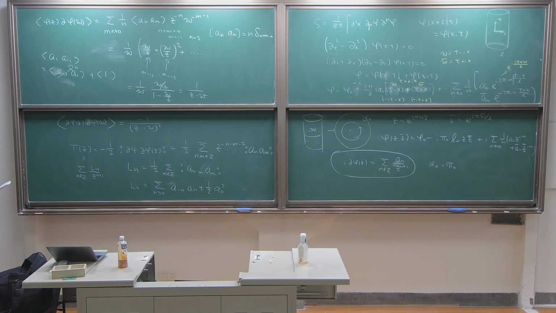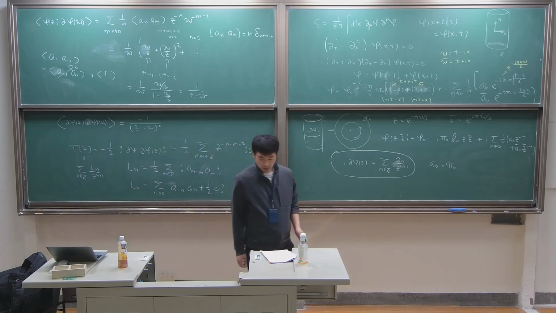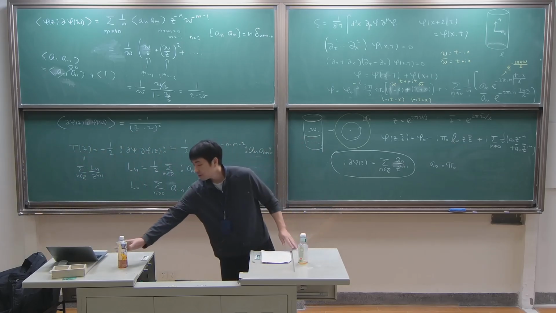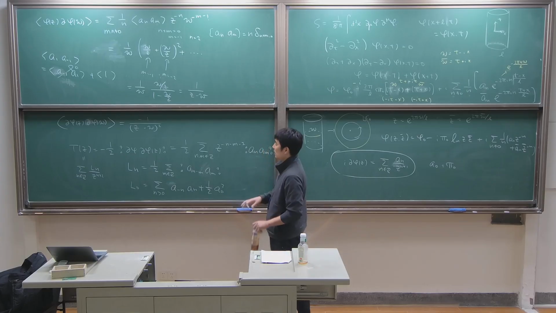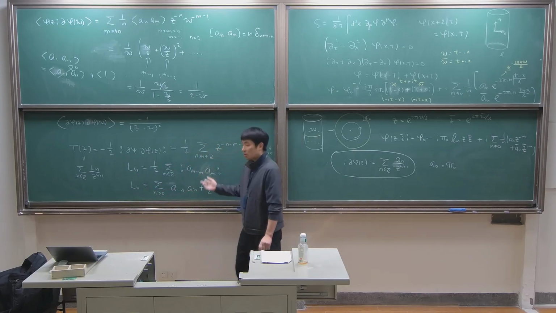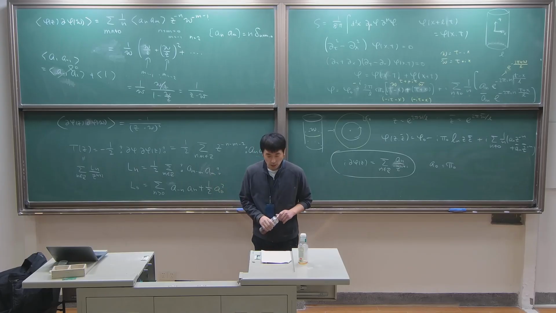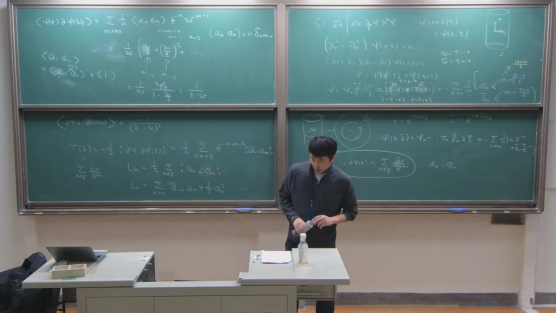Is it okay? Oh, it's already this. Fine. It's a good time to stop. So this is a relation between Virasoro and the free field. So Virasoro modes can be written in terms of the free boson modes in the Fourier expansion.